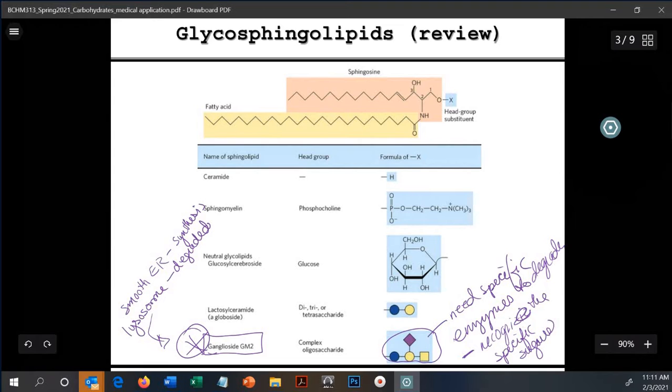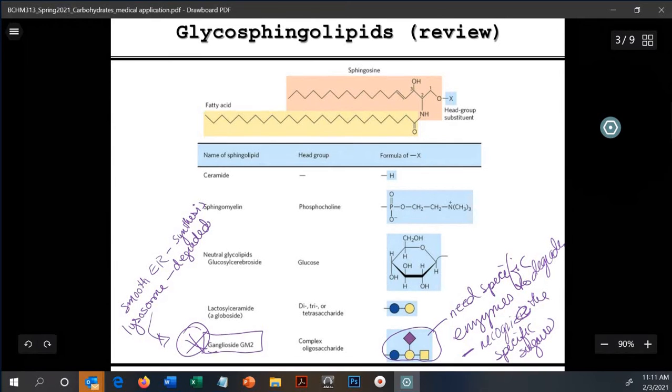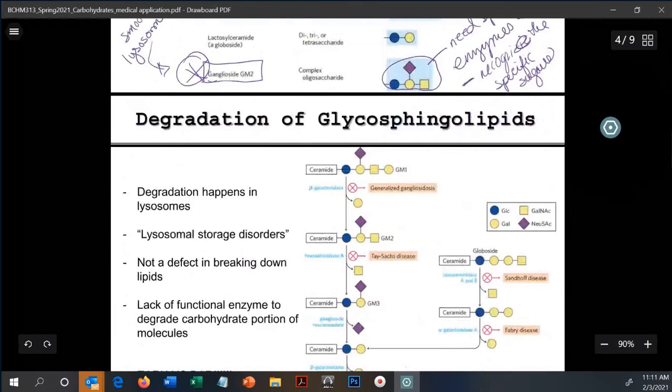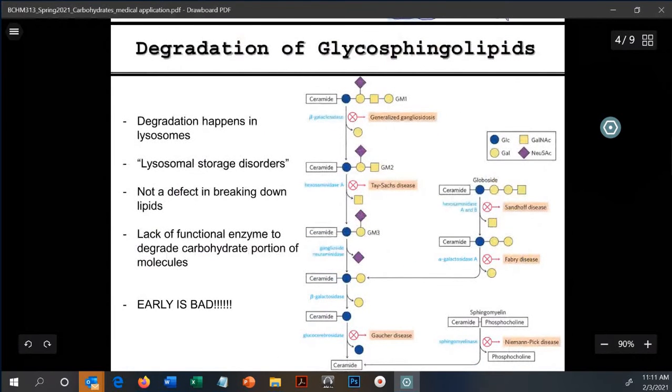Okay? So remember, carbohydrates are informational molecules. And so if we have different sugar monomer units joined together with different glycosidic linkage types, we are making a very unique type of oligosaccharide, and we will need enzymes to degrade that oligosaccharide which are specific and recognize that oligosaccharide.